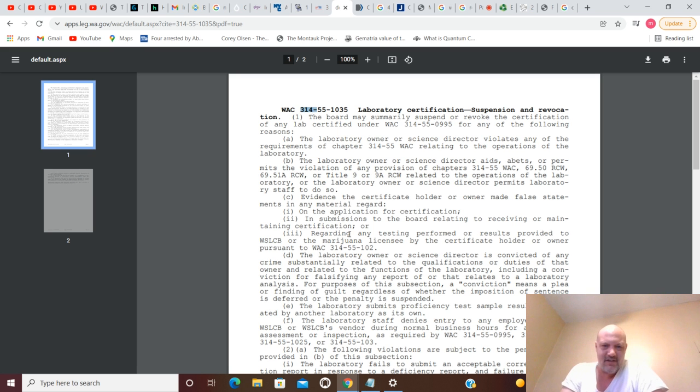We could go through this, but I don't think we need to. So, more laws, rules, regulations for laboratories in the state of Washington.